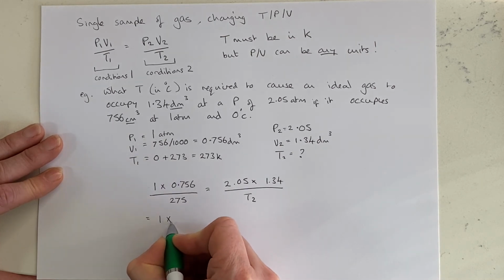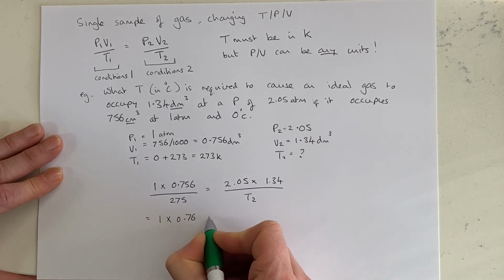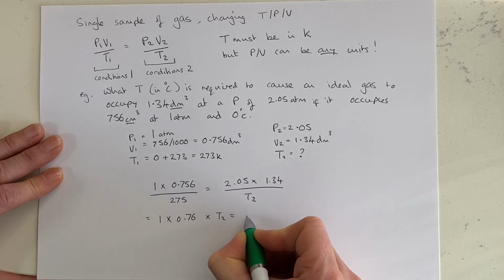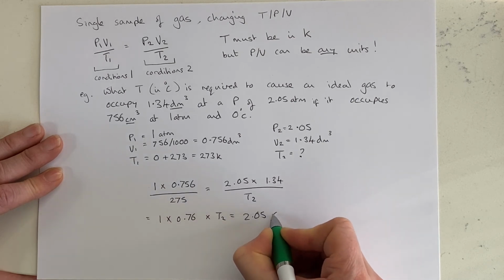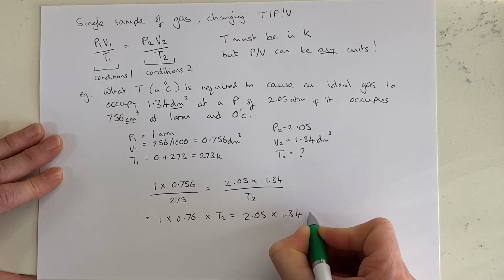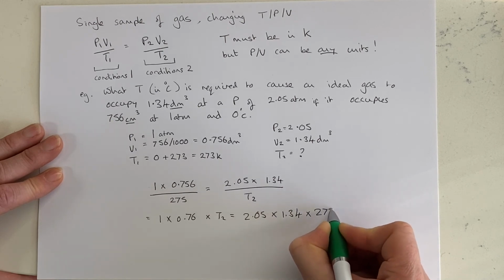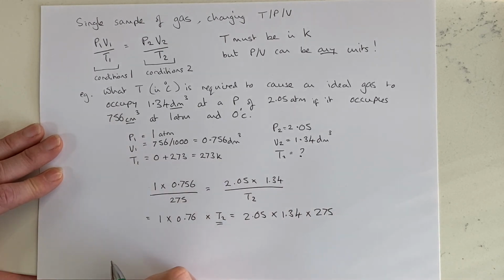So that gives us this. And then if I want T2 on its own, I've got these multiply values, and so I would divide by them.